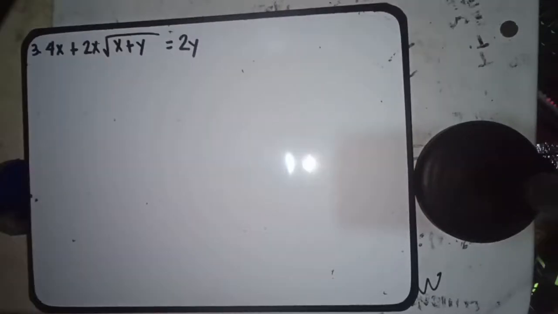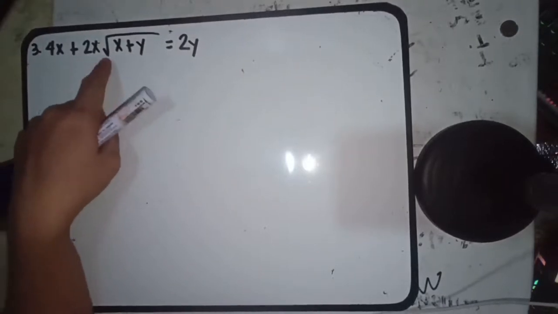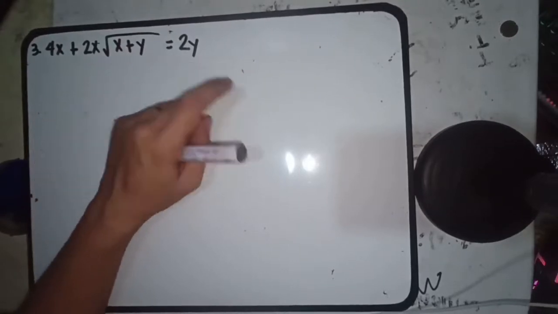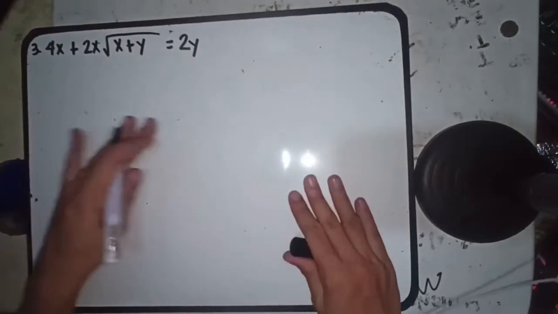Okay, for our third example, we have here 4x plus 2x times square root of x plus y, that is equals to 2y. So again, we have to differentiate both sides of the equation with respect to x and multiply dy over dx for the derivatives of the y terms.